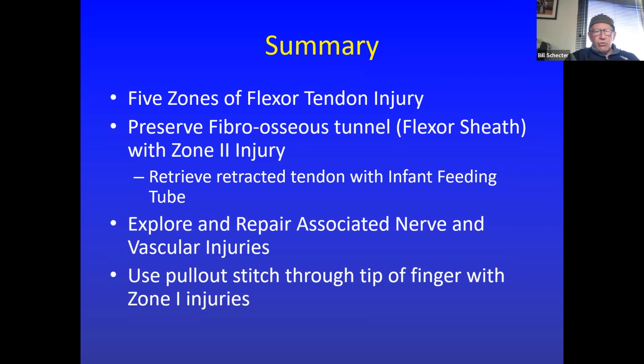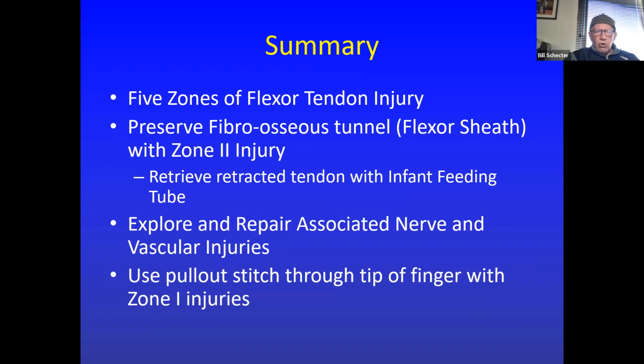We've talked about zone 3 injuries with their associated common digital nerve injuries and palmar arch injuries. We've talked about zone 2 injuries with their associated digital nerve and digital artery injuries, and the importance of preserving the flexor sheath and retrieving a retracted tendon using an infant feeding tube.